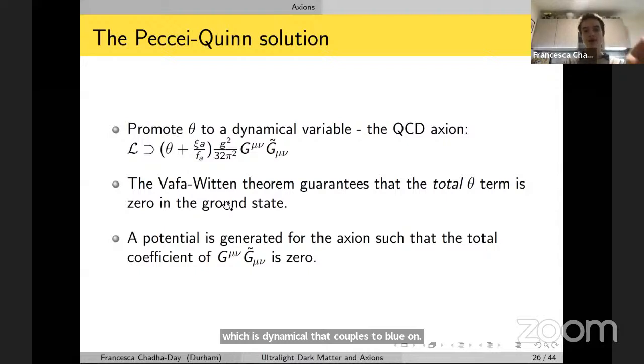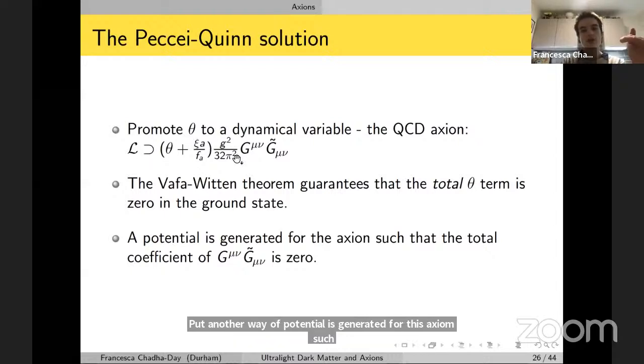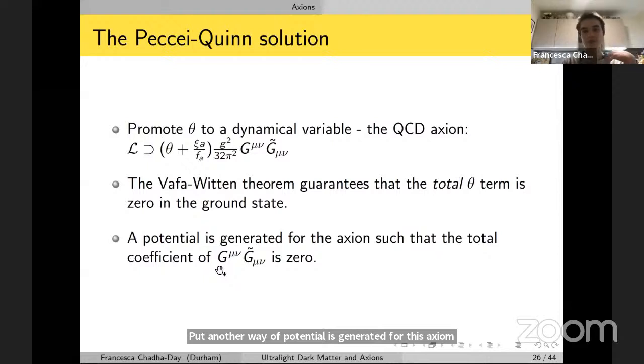When we do this, the Vafa-Witten theorem guarantees that the total theta term will be zero in the ground state. Put another way, a potential is generated for this axion such that the total coefficient of G G-tilde is zero. And this means there's no CP violation in this QCD sector.